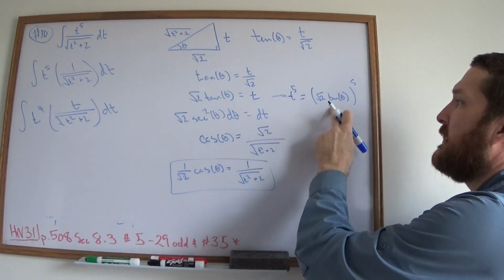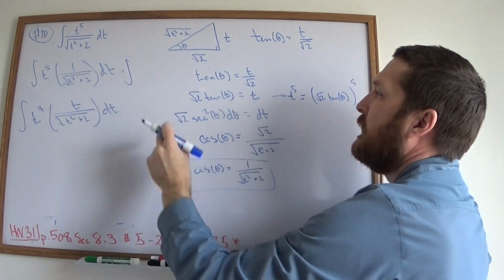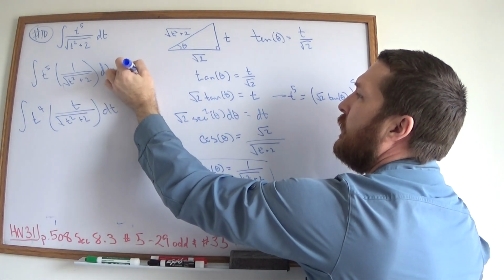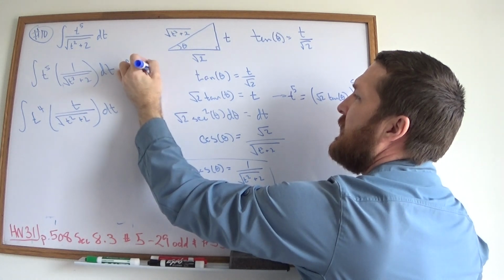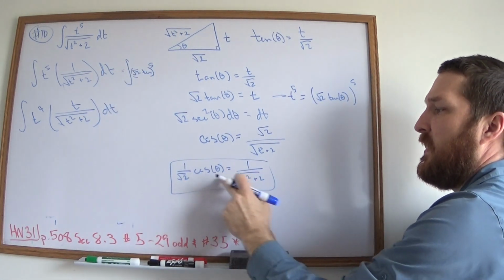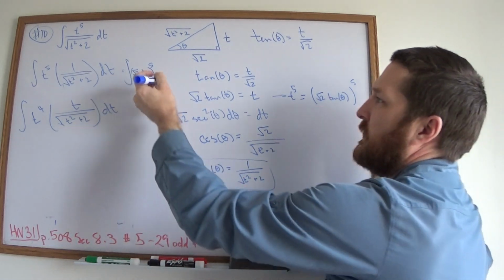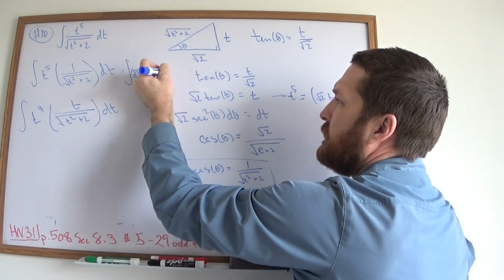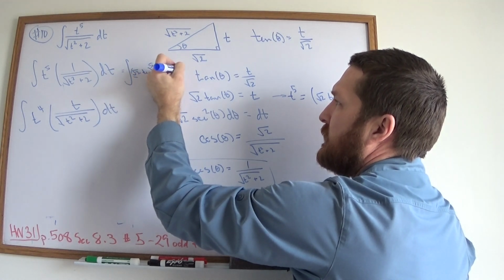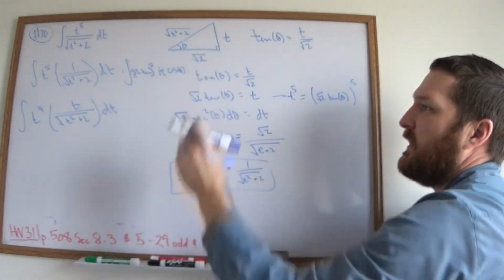So t to the 5th gives me root 2 tan to the 5th. And then this works out to 1 over root 2 cosine. Then my dt is that stuff, and that's what I do.